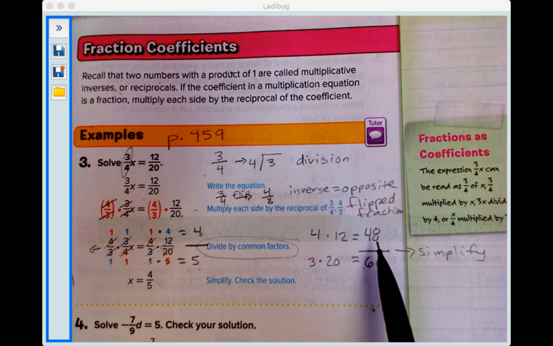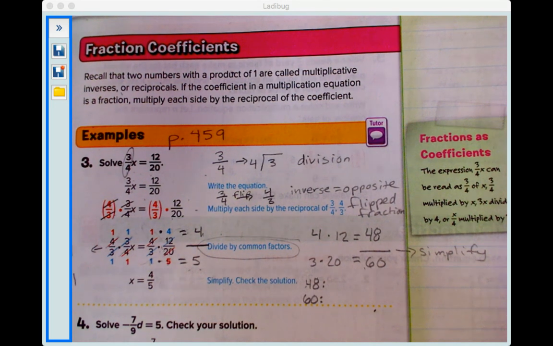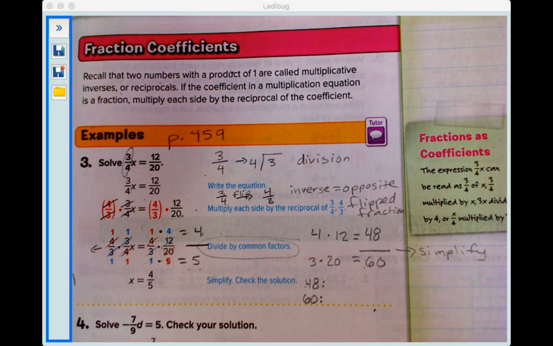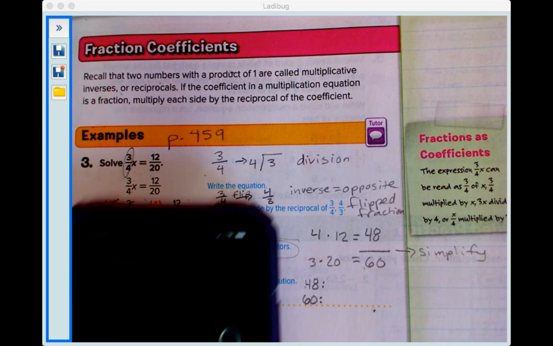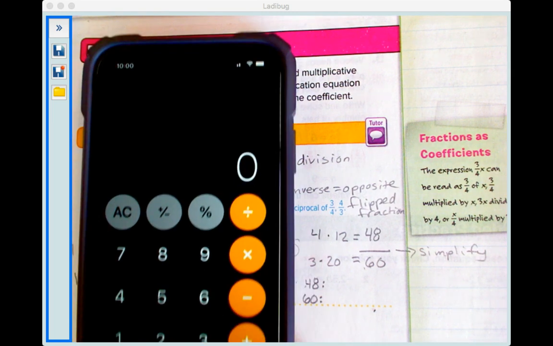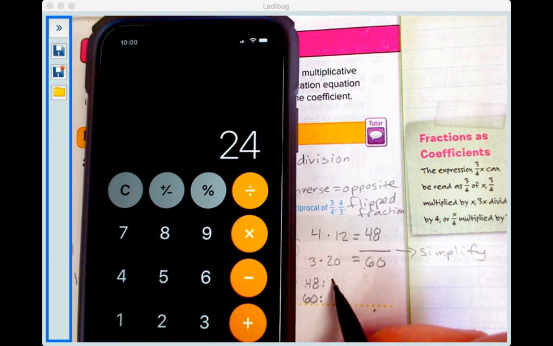So if we were to do this, let me show you. You would find your GCF, just like we did in the last section, finding the greatest common factor. So here's how I do it. 48 divided by 2 is 24.